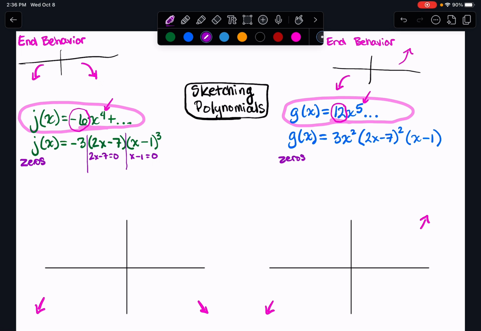Negative 3 on its own can never equal 0, so in j of x, I'm going to have two zeros. To find the actual x-intercept, I'm going to solve these two equations. So I get x equals 3.5 and x equals 1. So that tells me that my x-intercepts for j of x happen at 1 and 3.5.